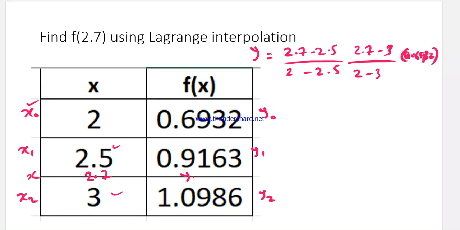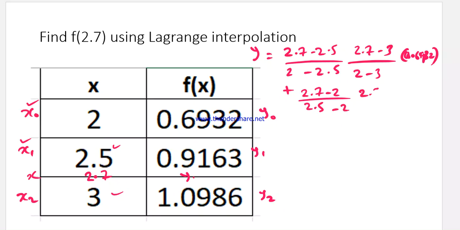So then plus we take this now as our reference point. So we remove the x naught. It's now going to be 2.7 minus 2, which is x naught, all over 2.5 minus 2.